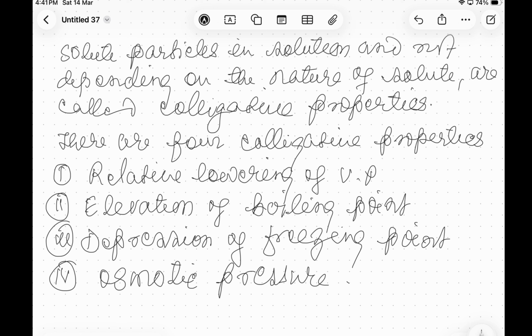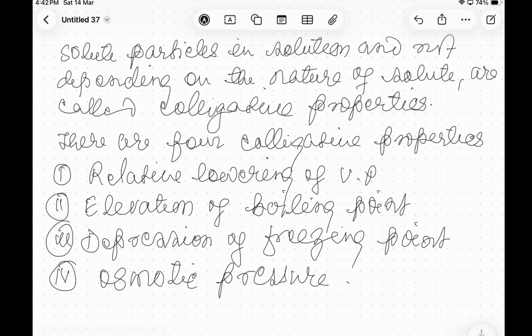That means these 4 are such properties of a dilute solution which only depend on the number of solute particles present in the solution, not on the nature or properties of solute particles.